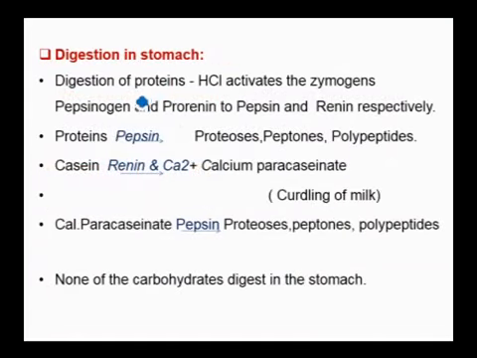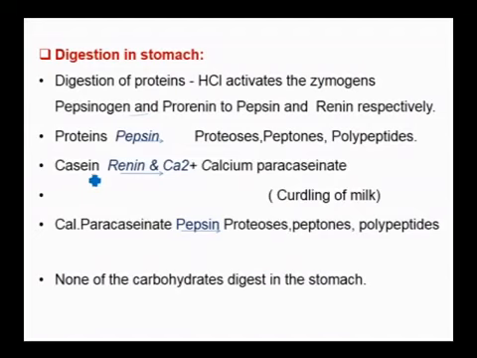Digestion in stomach. The digestion of proteins takes place only after the zymogens have been activated. The zymogens like pepsinogen and prorenin are activated by an activator, HCl. Later, proteins are broken down into proteoses, peptones and polypeptides by the action of pepsin.